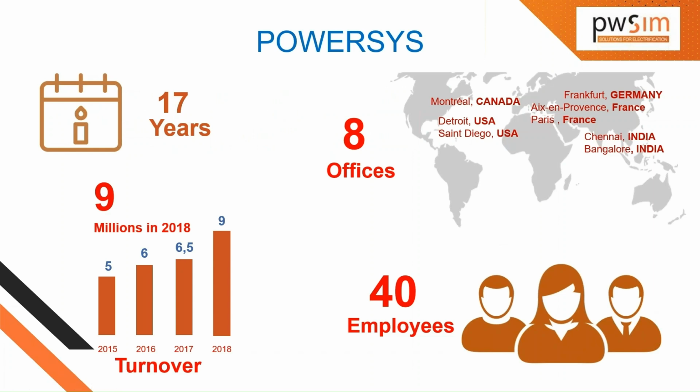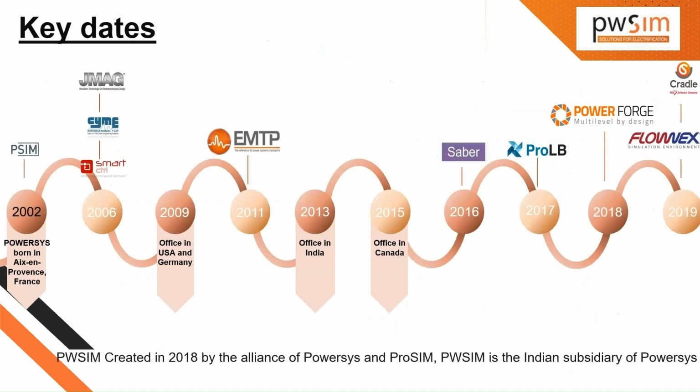Moving to the introduction of PowerSys. PowerSys has 17 years of vast experience in providing solutions for electrification globally. We have 8 offices around the globe and 40 employees working all over the globe.